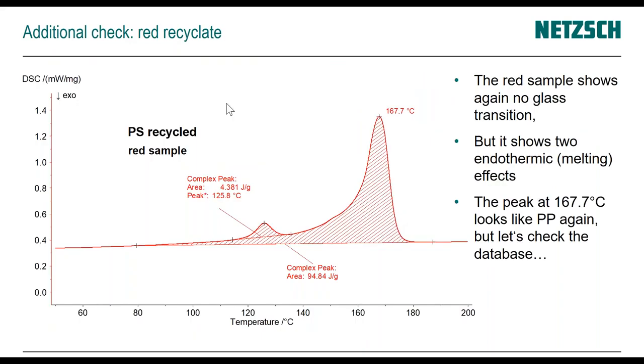Then we took a red little pellet, and here I'm showing the DSC curve again, because first we also see no glass transition, so we can already imagine that it's not a polystyrene. But other than the previous example, it shows 2 distinct endothermic effects. And from the previous example, we can already get an idea that this is likely a polypropylene.